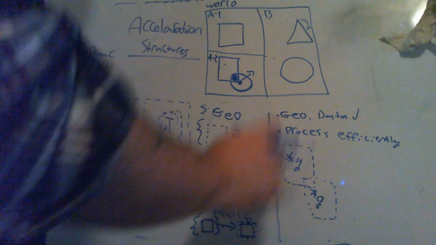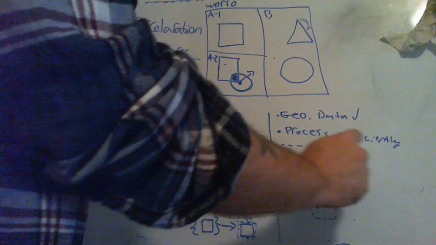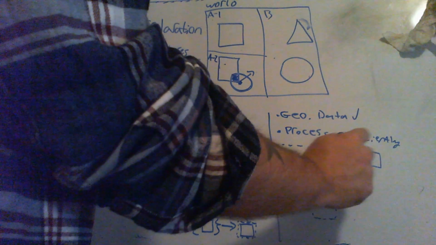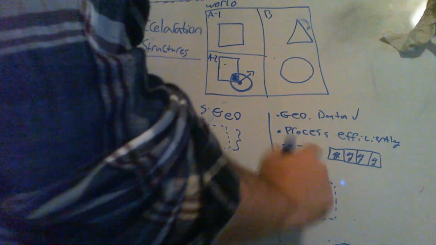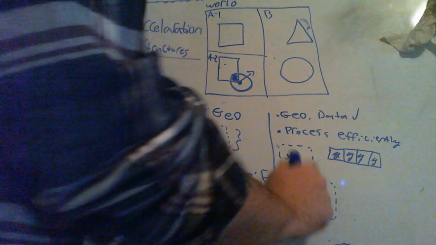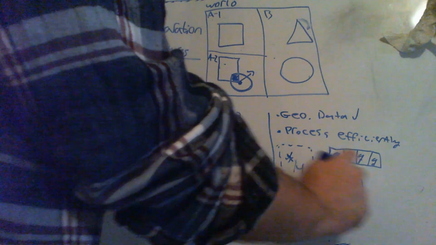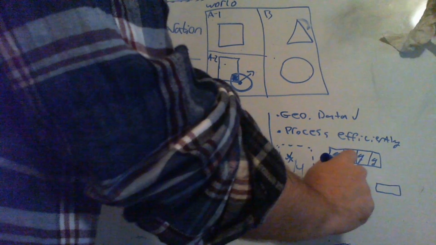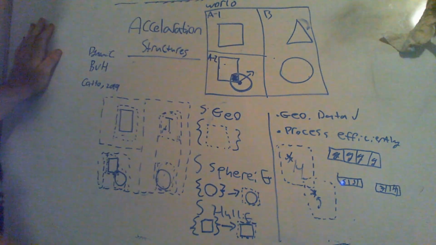Just worry about, we, as the programmer, know that these aren't actually little geometry pointers to things in a geometry buffer, but they're actually hull and sphere pointers into separate buffers. So now we have a problem.